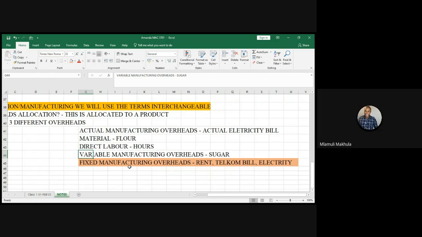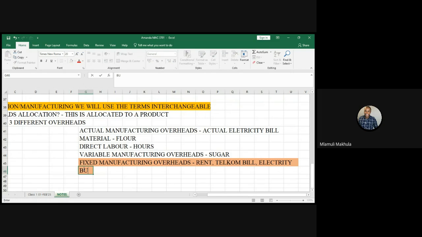What then do we do? We come up with what is called budgeted fixed manufacturing overheads.